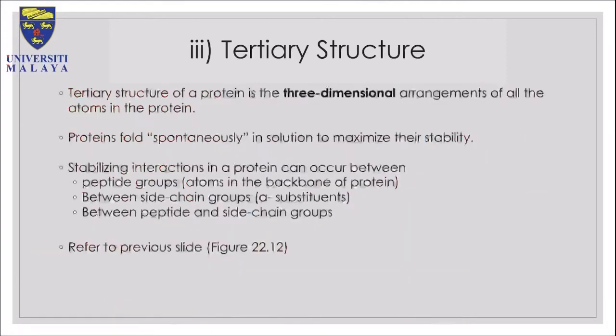Okay, so the tertiary structure of a protein is the three-dimensional arrangement of all atoms in the protein. So all atoms, that's the keyword. Protein or polypeptide. This is a very critical thing to say, because some proteins are made of multiple polypeptides. The proteins are folded simultaneously in a solution to maximize their stability.